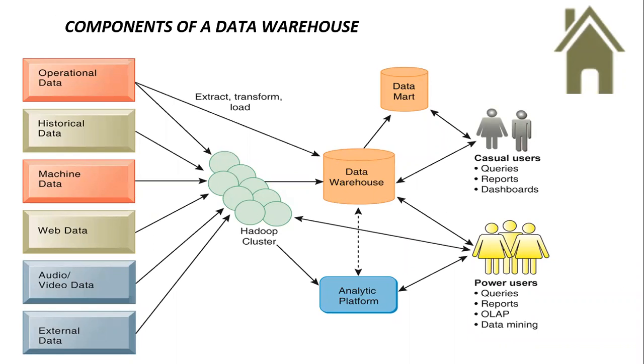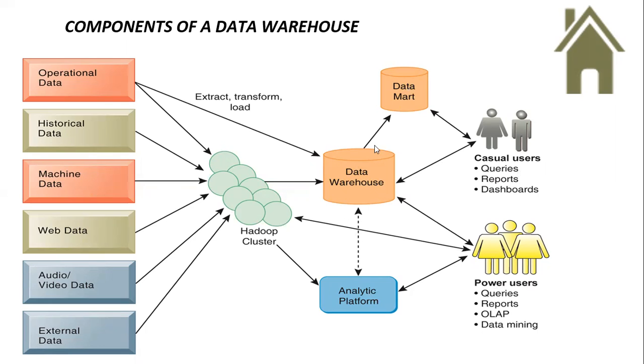Here, components of the data warehouse. As you can see, operational data, historical data, machine data, web data, audit data, external data. Here you see the hub, data warehouse, analytic platform, data mart, power user, and casual user. All data goes into the hub. The hub is like software, and then transfers to the data warehouse.